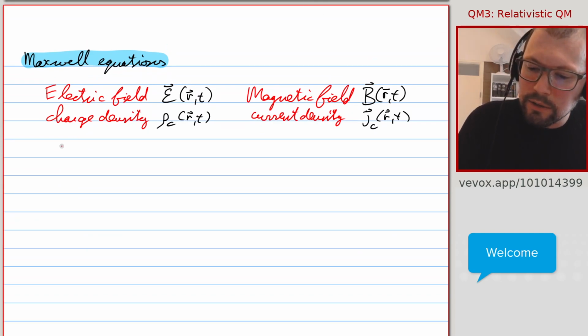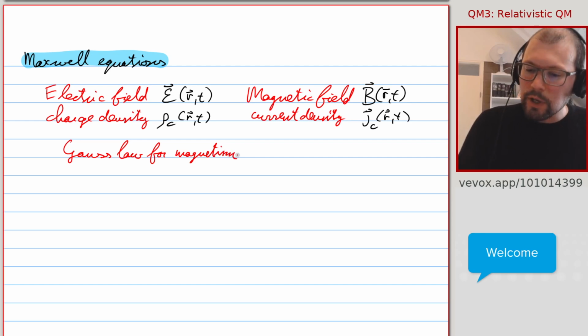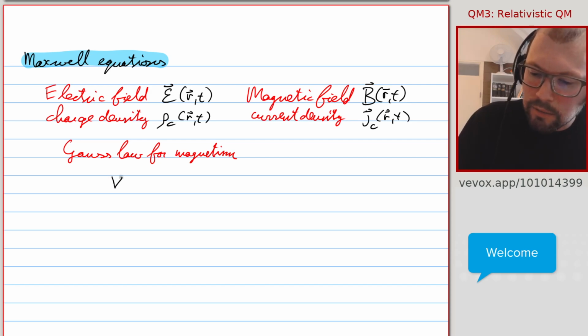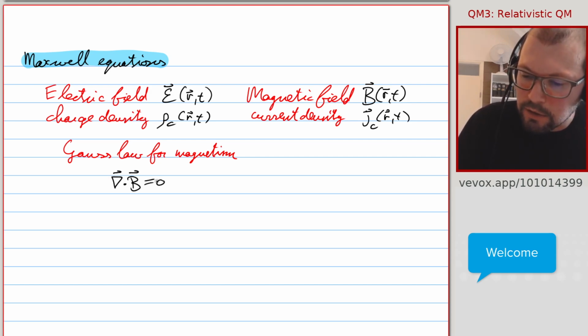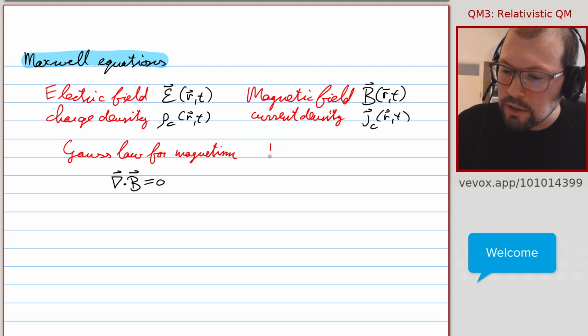And let's write down the four Maxwell's equations. So first we have the Gauss law for magnetism, which says that the divergence of the magnetic field vanishes if we don't have any magnetic monopoles.